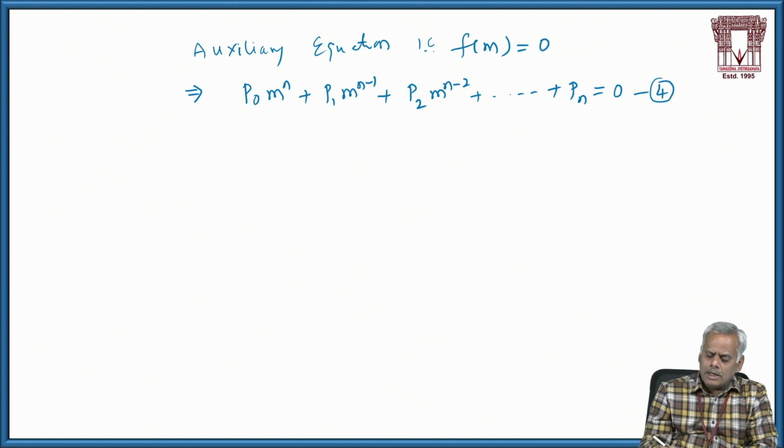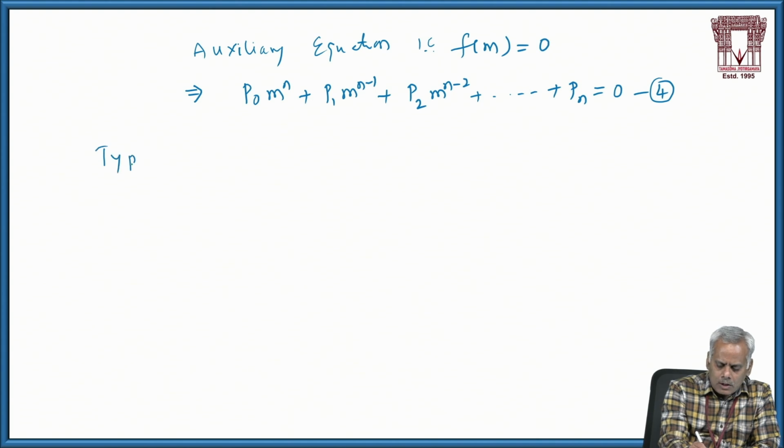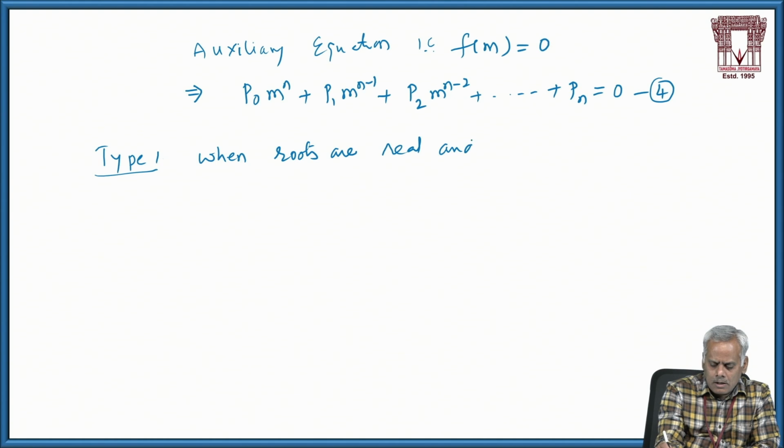Now this equation is a polynomial equation of degree n in m. Therefore, there exist n roots, and these n roots may be of 4 different forms. So type 1 or case 1, when roots are real and distinct.